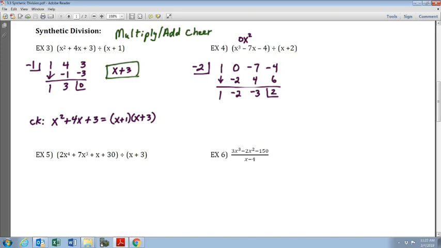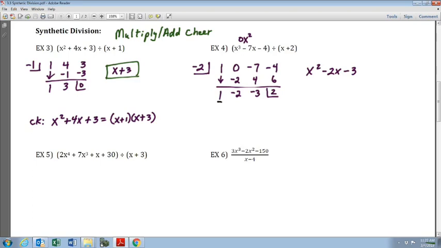So again, we have to interpret this correctly. Notice here, this is degree 3. Again, we're dividing by a linear term, and so the degree is going to drop by 1. So this represents 1x squared, and then you have a minus 2x, and a minus 3. You just keep dropping the degree of x down by 1 as you go.